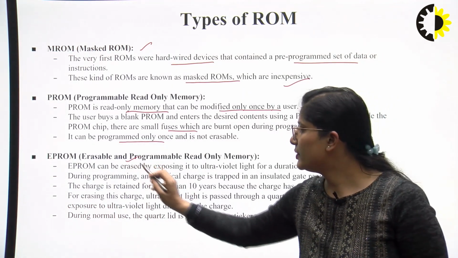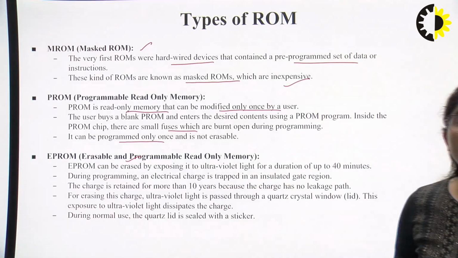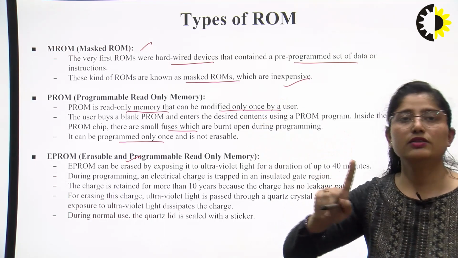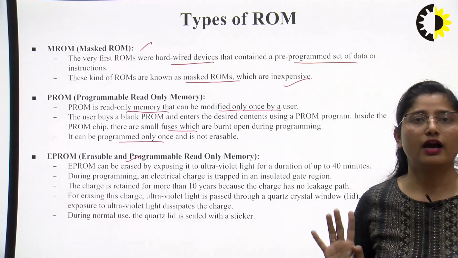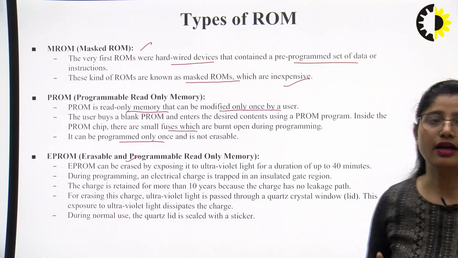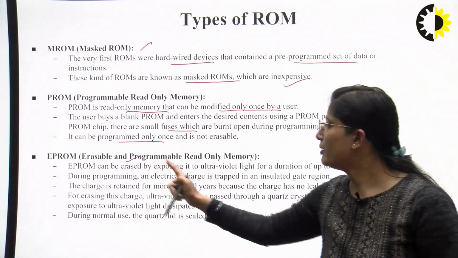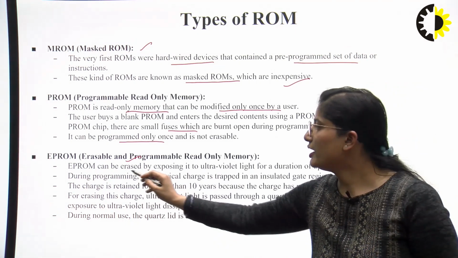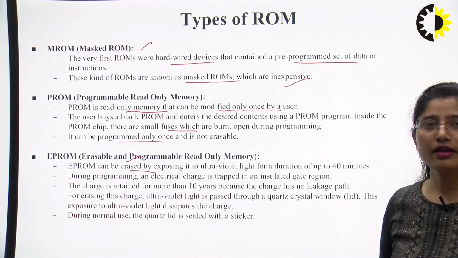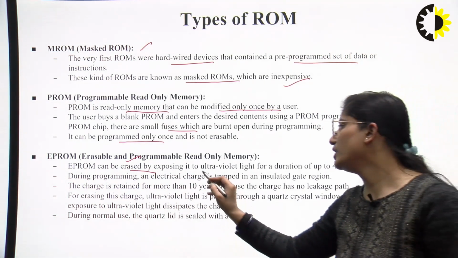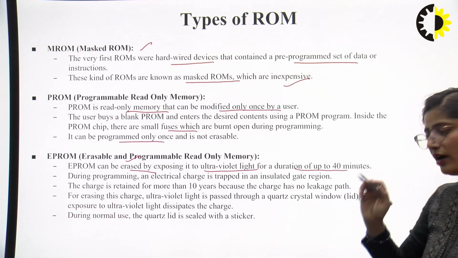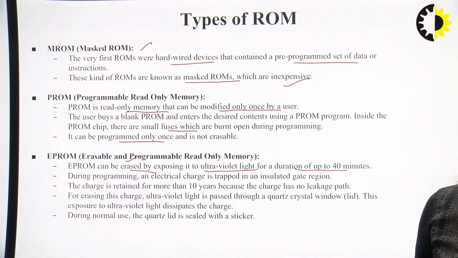Next is EPROM, erasable and programmable read-only memory. In the last one, PROM, you can program the data only once, and after programming you cannot erase the data. Here, in EPROM, data can be erased, but for erasing the data we need UV light rays for a duration of 40 minutes.